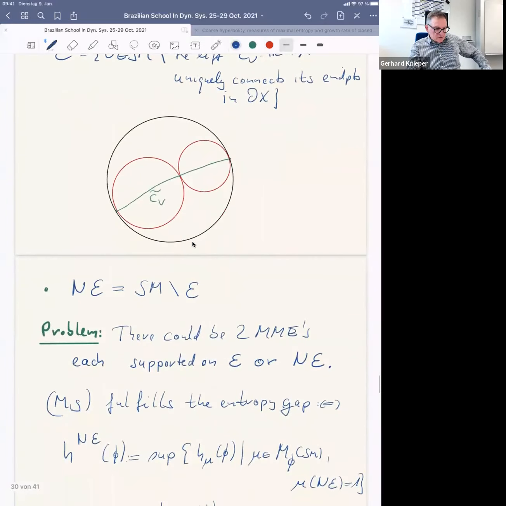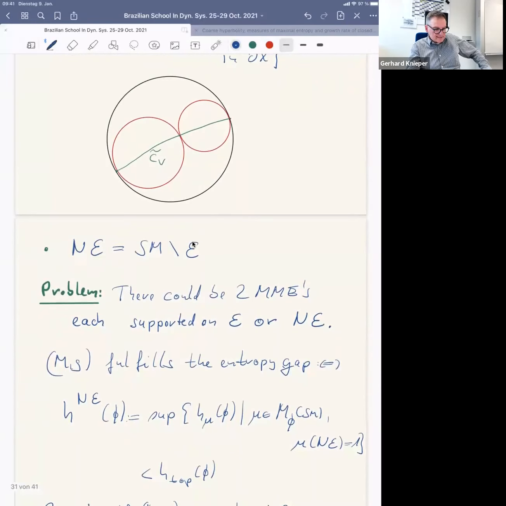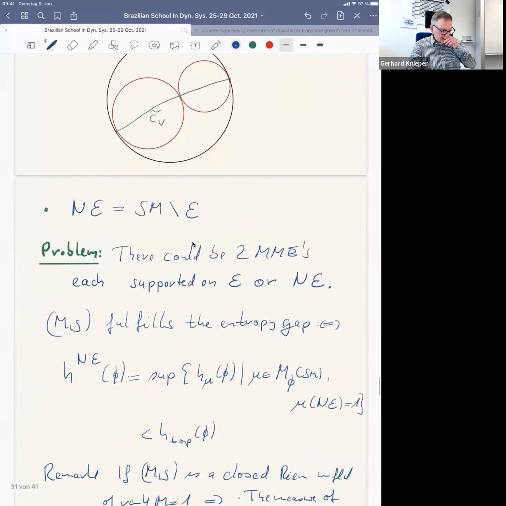And to exclude the second case, that there could be a measure concentrated on the non-expansive set of maximal entropy, we introduce the notion of entropy gap for the set. What does it mean?